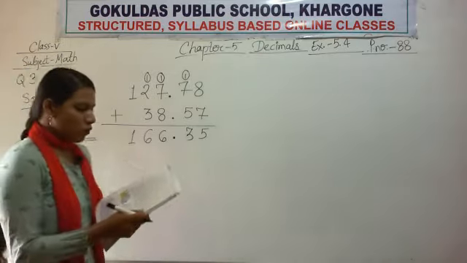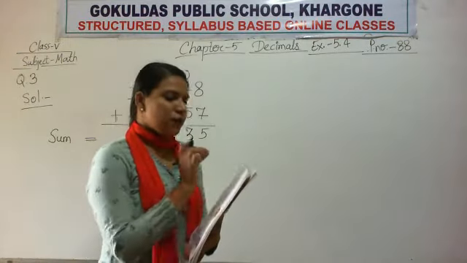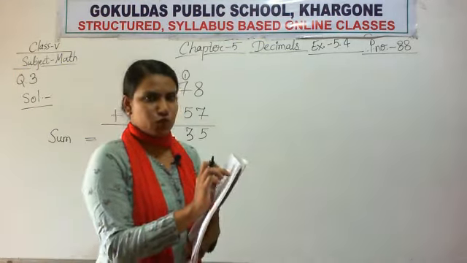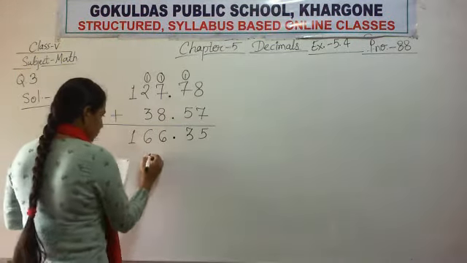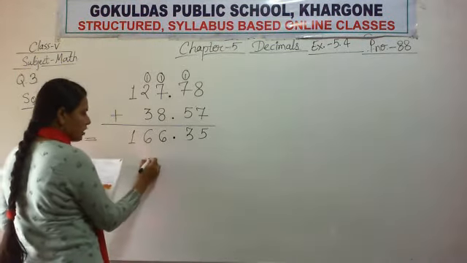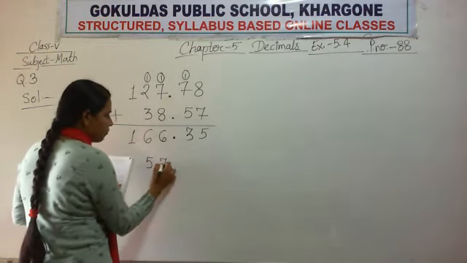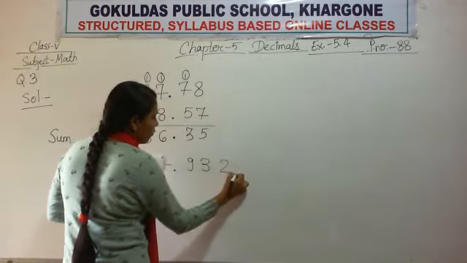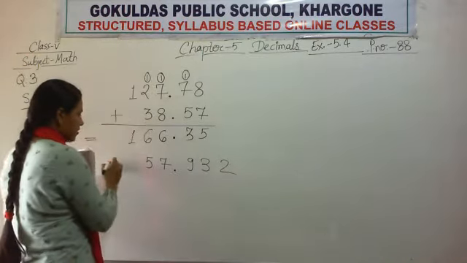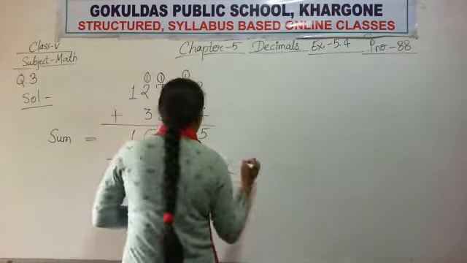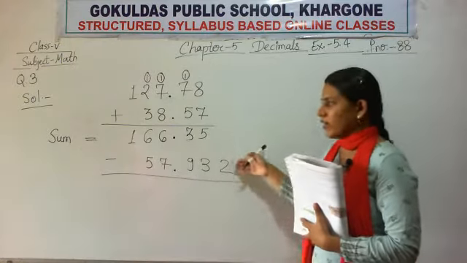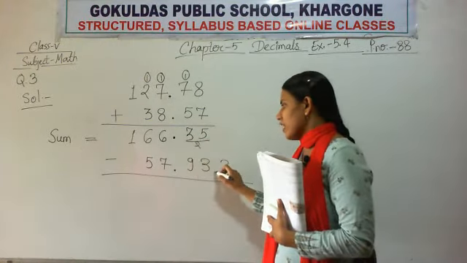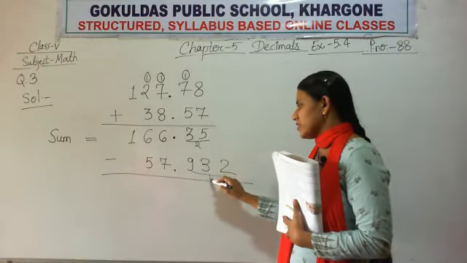Now from the sum subtract 57.932. We want to subtract this number from it. But after decimal here only 2 digits and in this number 3 digits are there.